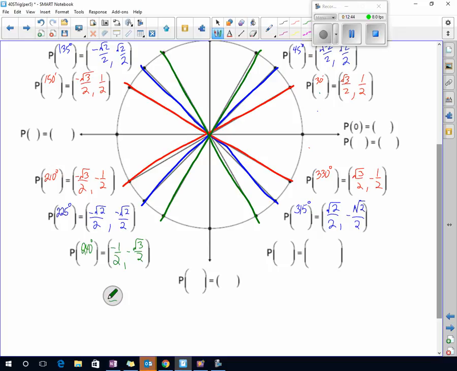I'm going to change my color to purple now, and I'm going to do these. These are triangle necessary. You can read what the coordinates are.